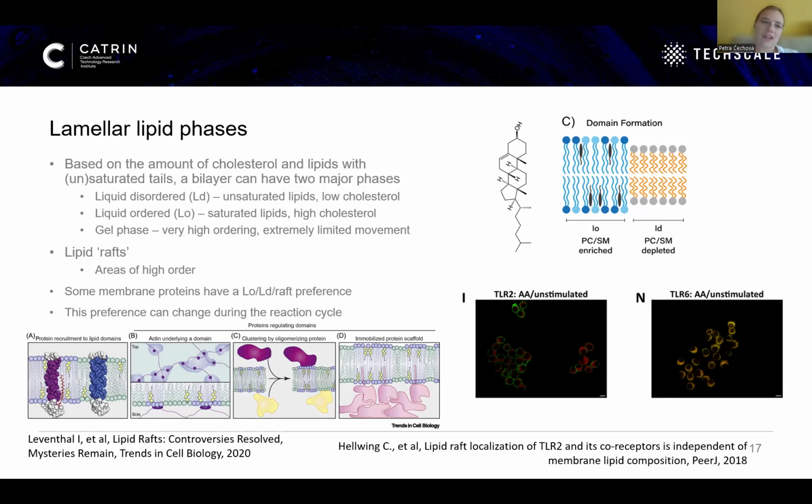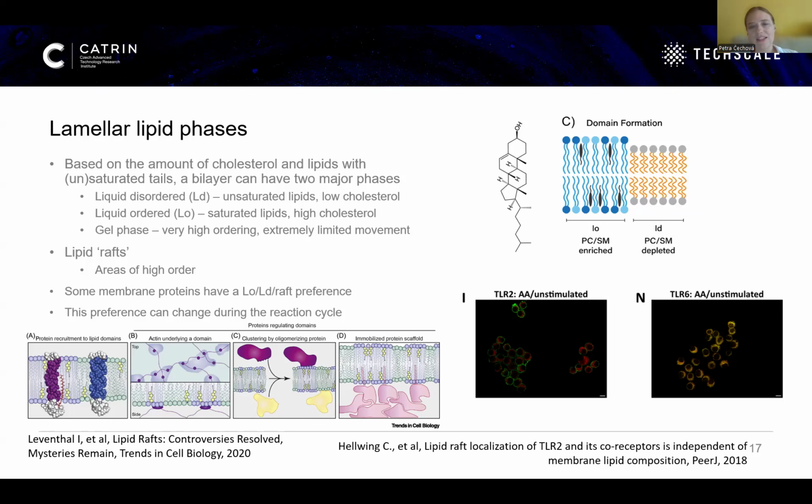And the gel phase is like if you put your butter in the freezer, it's prone to breaking. It splits along planes, but it's not actually a solid crystal. So liquid ordered and liquid disordered are the two main phases present in living membranes. I'm going to talk about them a little more.